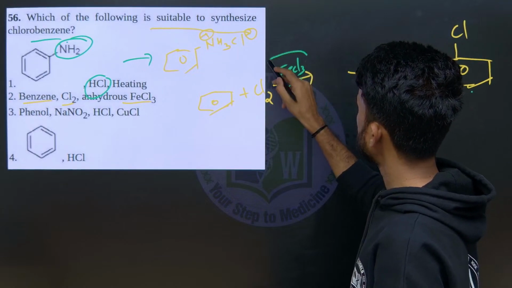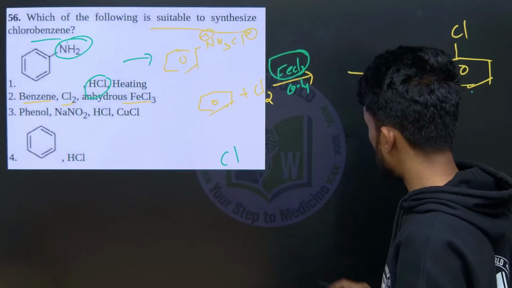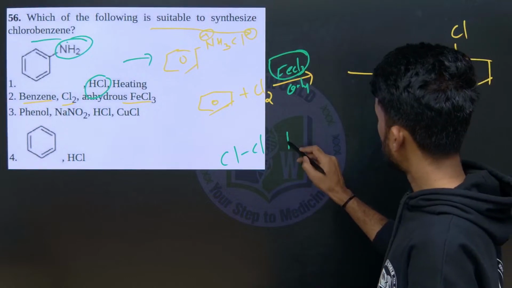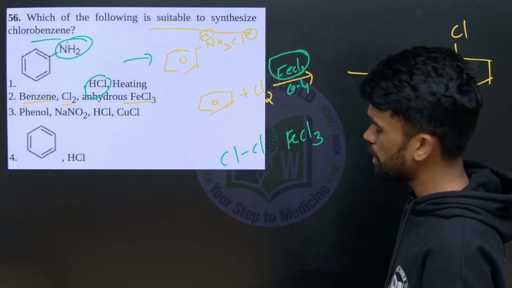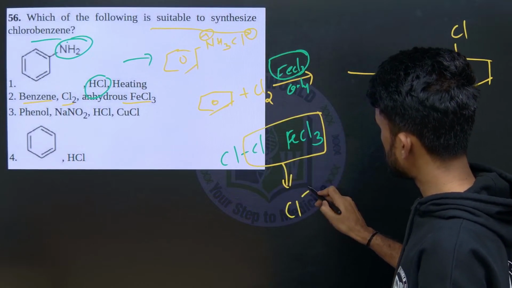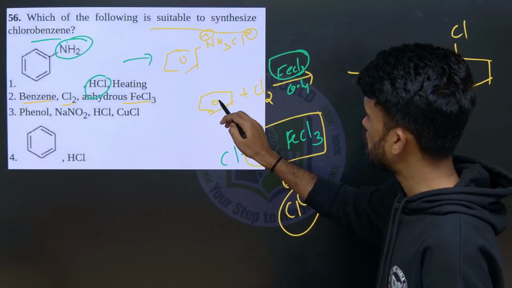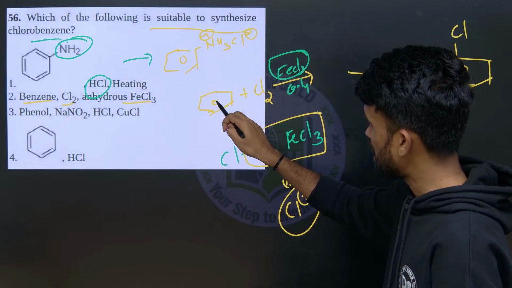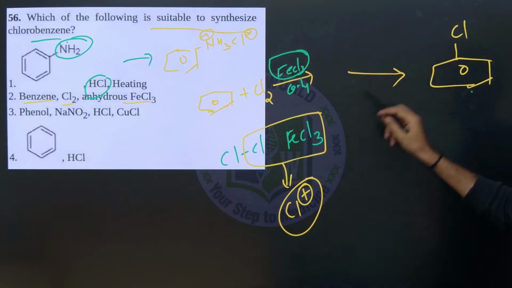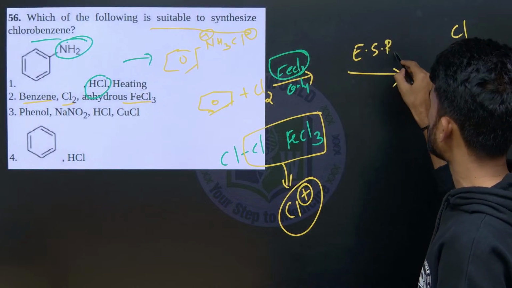This is a Lewis acid, so whenever it reacts with chlorine Cl2, it gives FeCl4- and Cl+. So Cl+ is the electrophile, and benzene has pi electrons; those pi electrons will attack this electrophile and form chlorobenzene. So this is nothing but an aromatic electrophilic substitution reaction.